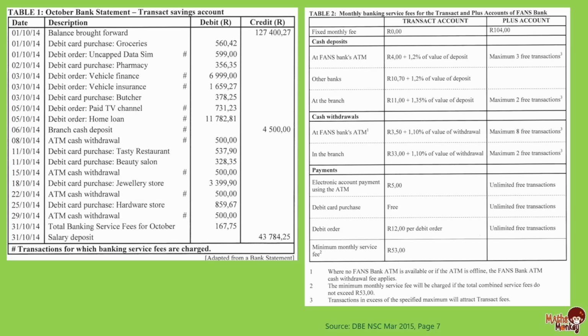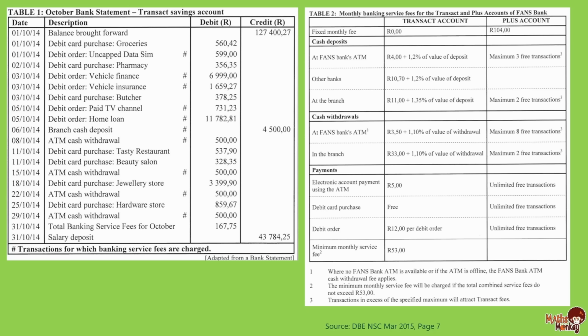So these are two different types of accounts, but from the same bank, right? If you have a transact account, which this person has, this is the column that shows how they plan on charging them for whatever transactions take place. And then on the right hand side is a different type of account called the plus account, right?